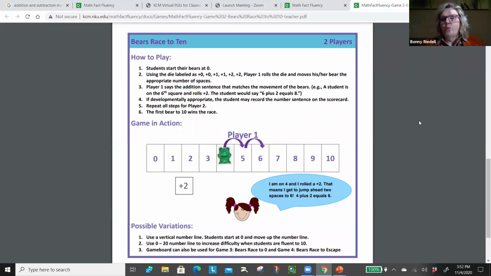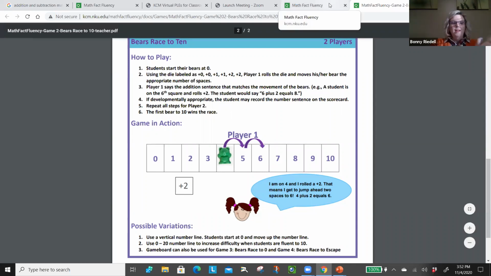You might want to get a manila envelope and glue that instruction page to the top, put the actual game board inside a page protector with all the game pieces that you might need. So this is kind of a standalone. You could cut this out and glue it on your page for your kids. You could use it for your parents. You could have it set out for teacher helpers, whoever you would like to play your games with your kids. And it gives you how to play the game in action, a little bit more insight into how to play the game, and then some variations.